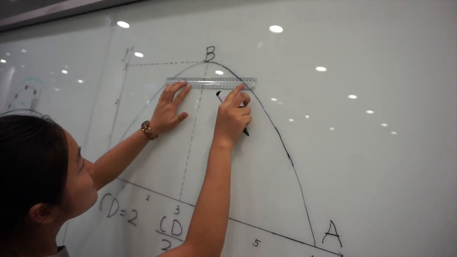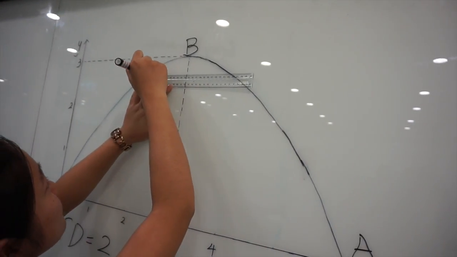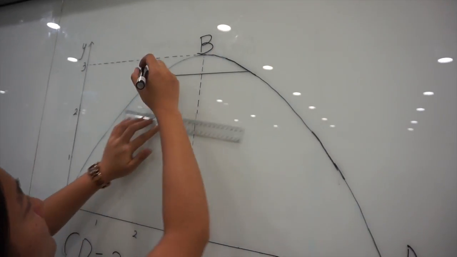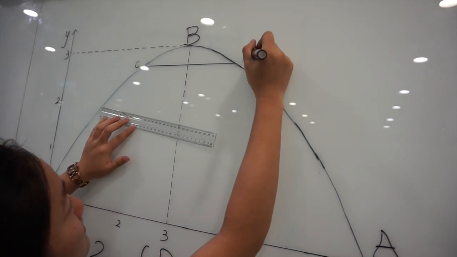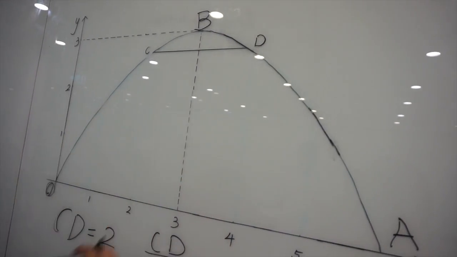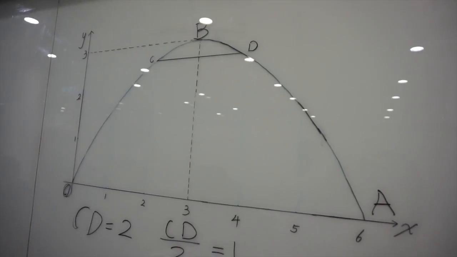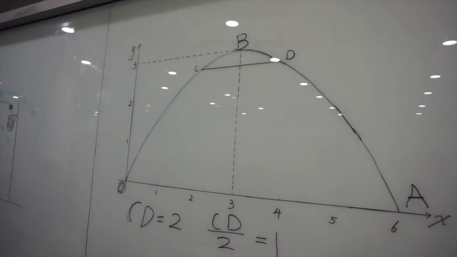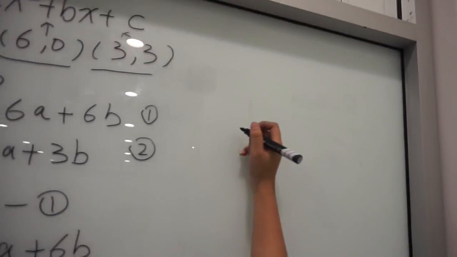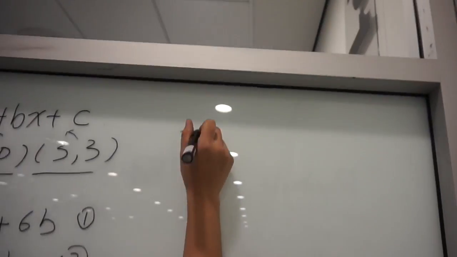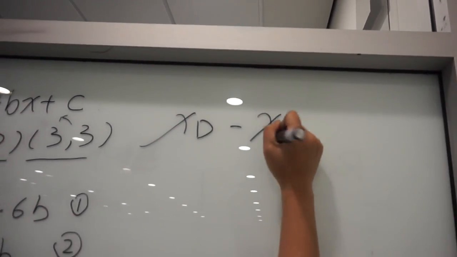There are points C and D. We know that a quadratic function is always symmetric about the line which is perpendicular to the axis and passes through the nadir or peak.